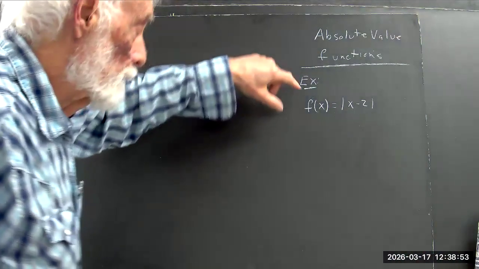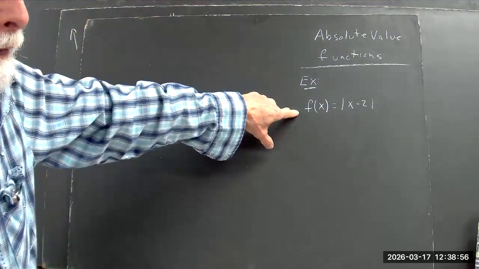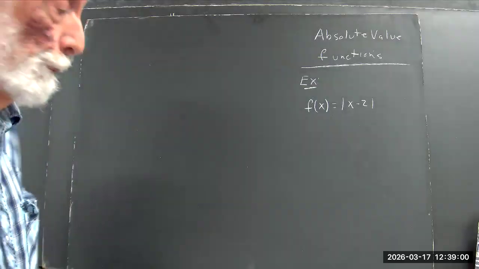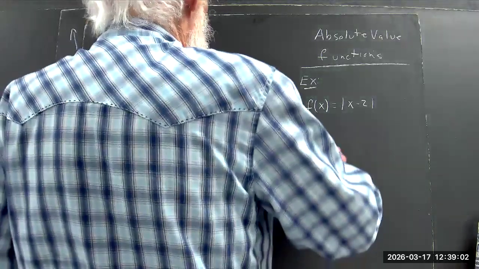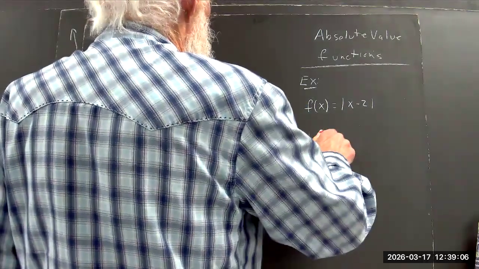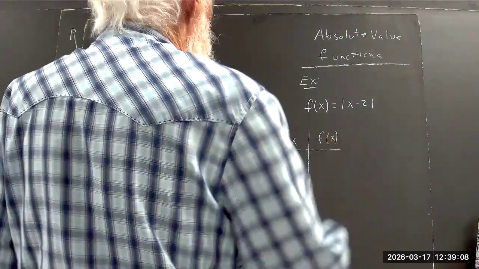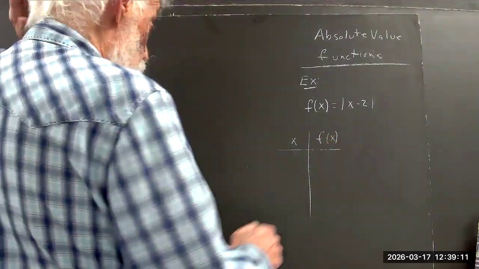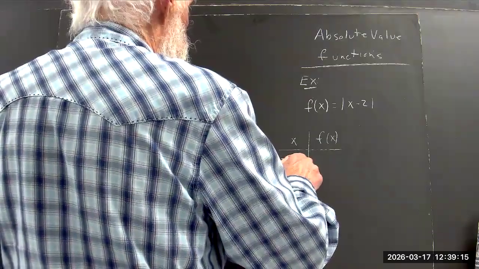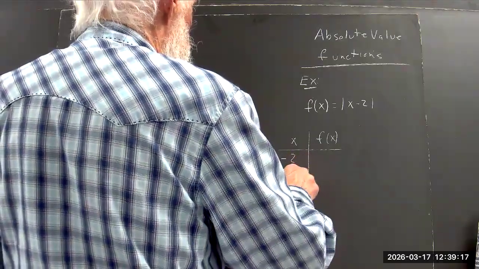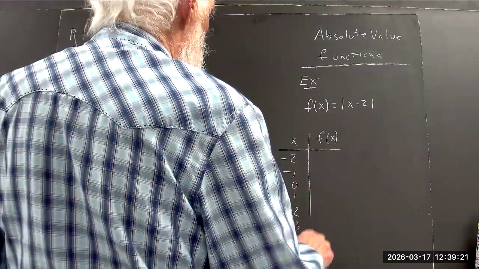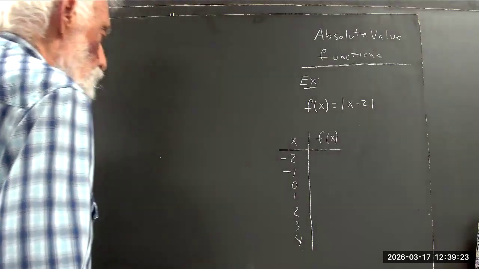Okay, looking at absolute value functions. Take for an example, f of x equals absolute value of x minus 2. I make a table. Let's just use x values, -2 through 4.